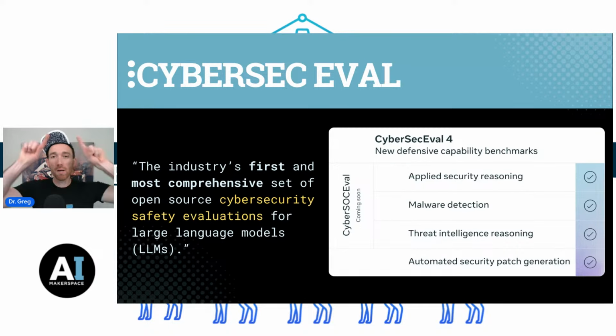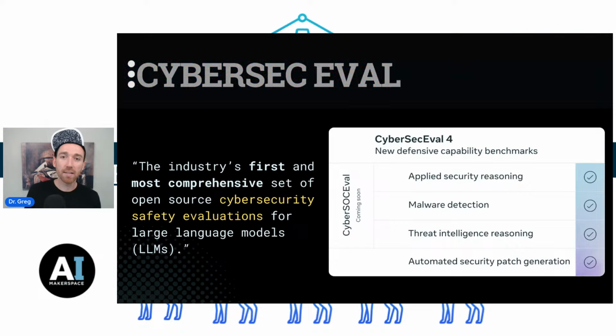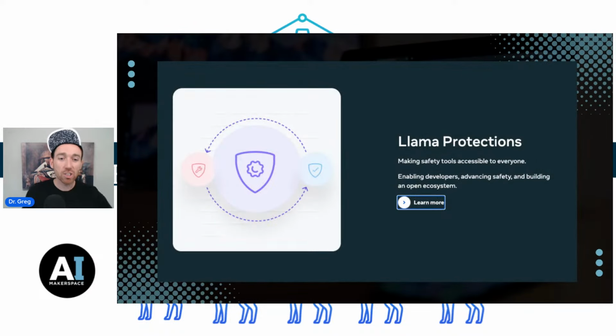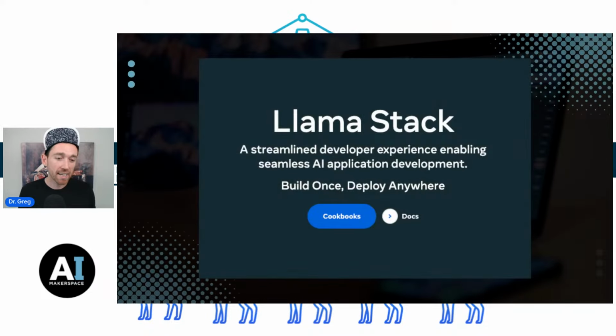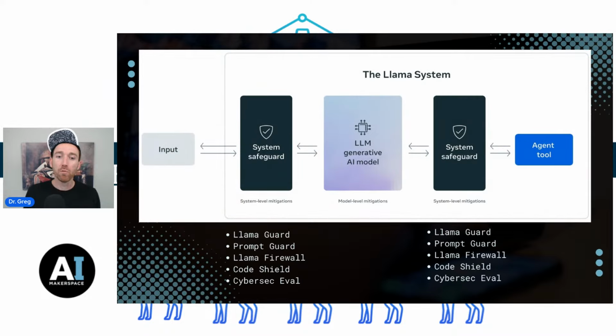So we can lump all of this into this idea of protection in general. And this Llama Protections is a suite of tools that includes all of this stuff. And Llama Protections, of course, is only one part of Llama Stack. So if we've got a Llama model, we can use all sorts of safeguards.